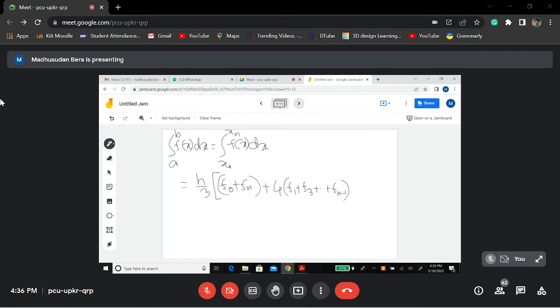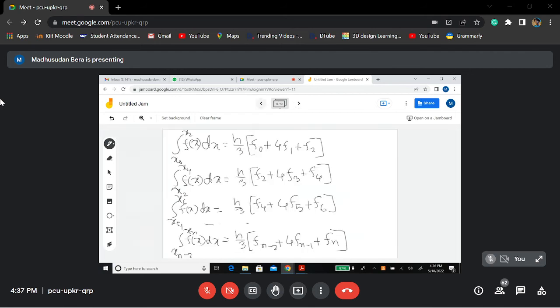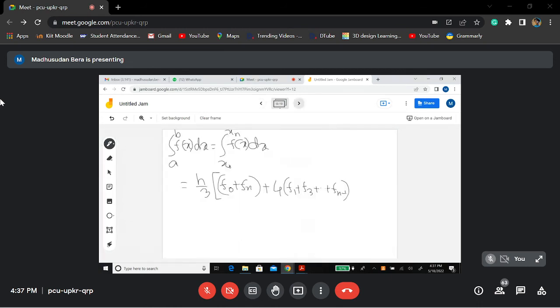The remaining even indices occur 2 times, f2, f2, f4, f4, but fn occurs only once, so plus 2 times f2 plus f4 up to fn minus 2. This is our Simpson 1/3 rule. The h by 3 is there, meaning 1/3 of the sub-interval length is multiplied, that's why it is named 1/3. So this is the formula for Simpson 1/3 rule.